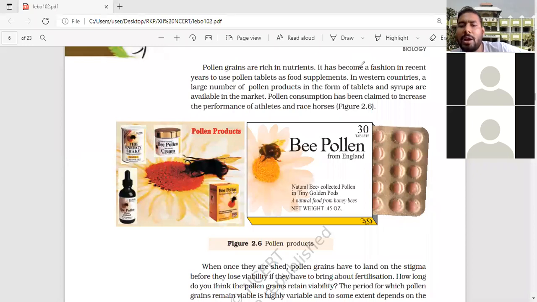Okay, leave it. Dope test means, suppose a person is going to play a game, say India and Sri Lanka cricketers are going to play cricket. Before playing, the doctors will take their samples, sputum, urine, sweat and other things, and check whether they have taken any energetic drugs which can enhance body activity.